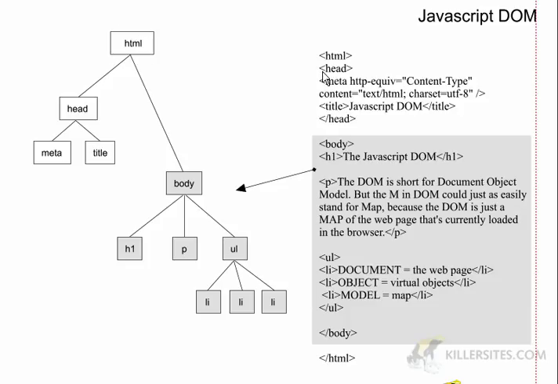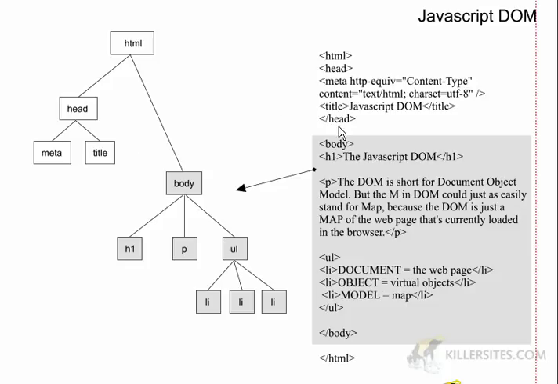Then you have head tags, and under the head you have meta and the title tag. I'm hoping that you're starting to see the tree-like hierarchy that the DOM model represents.